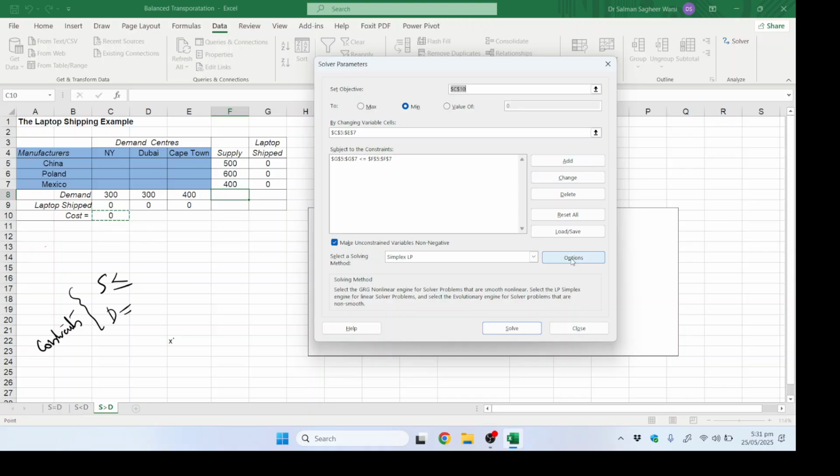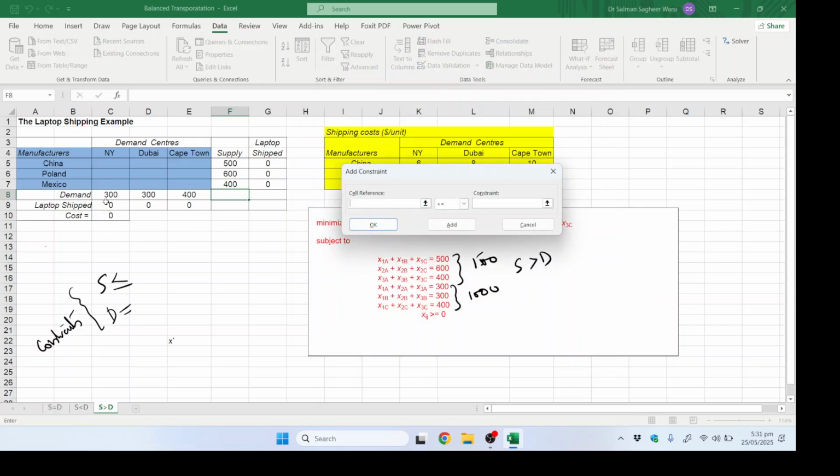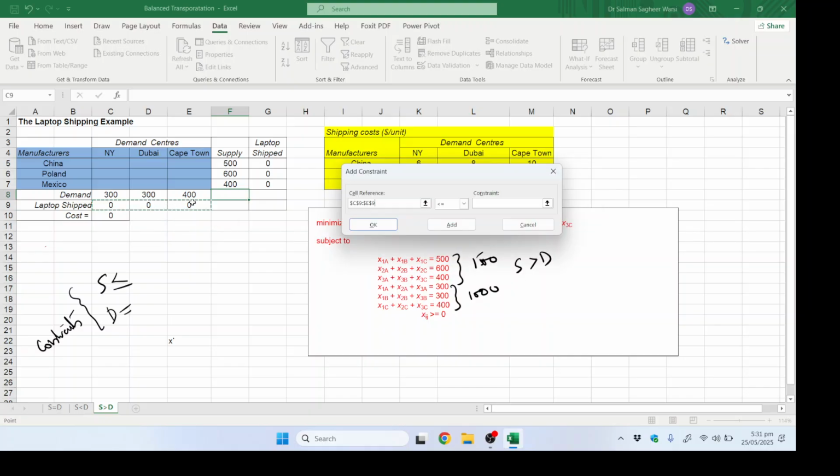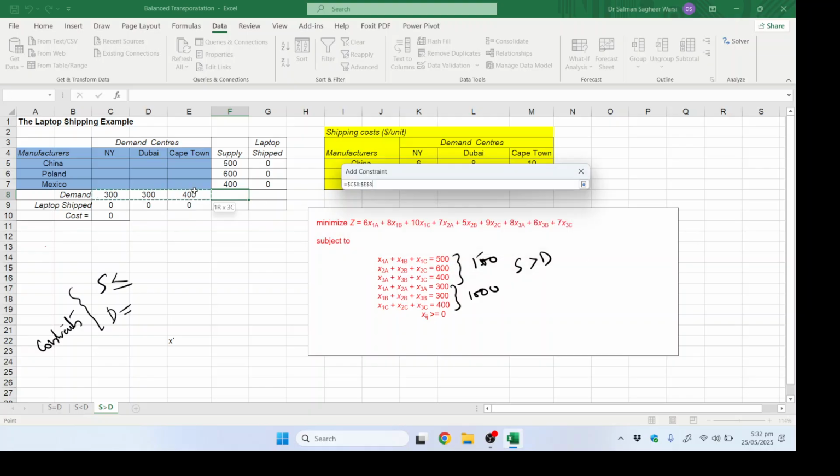Then we are going to add another constraint for the demand, and this should be exactly equal to the right hand side values. So the right hand side values are given here.